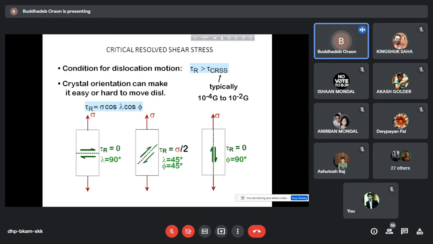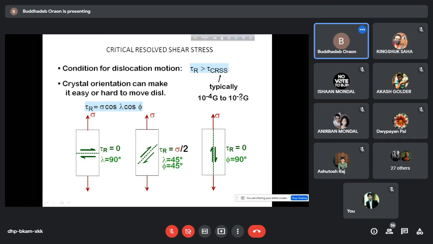Now, if we want to find out the critical resolved shear stress, that means the value of the resolved shear stress for which the dislocation motion will start. So definitely the condition of dislocation motion will be that the applied resolved shear stress tau_r will be greater than the critical resolved shear stress.